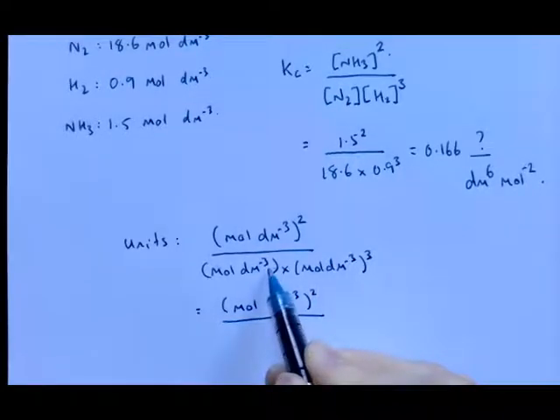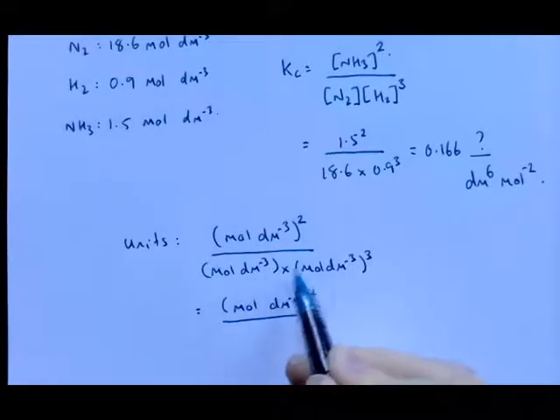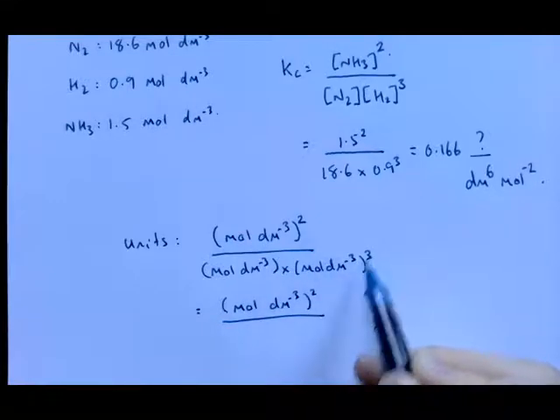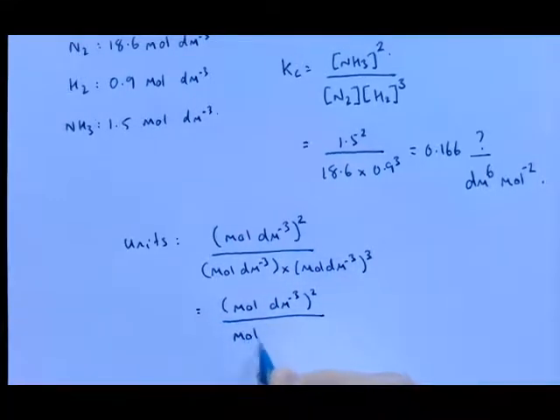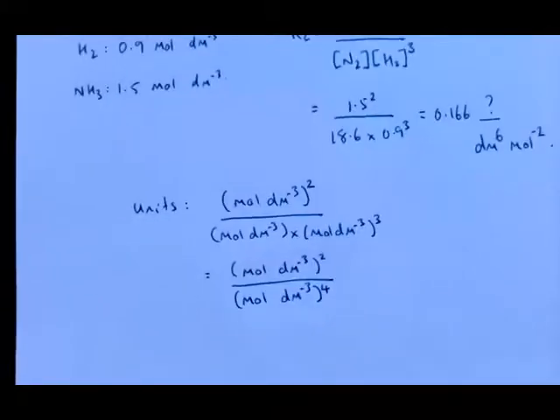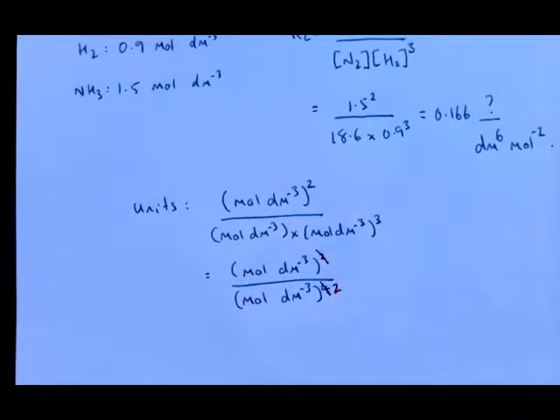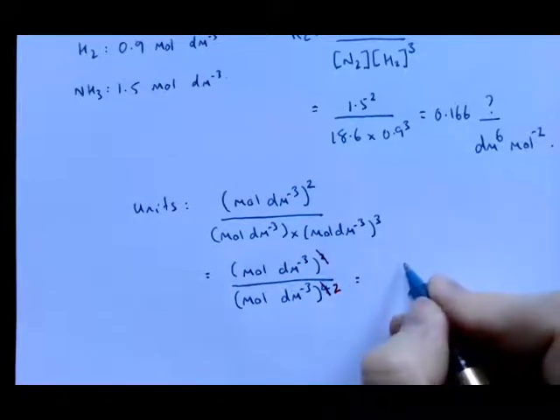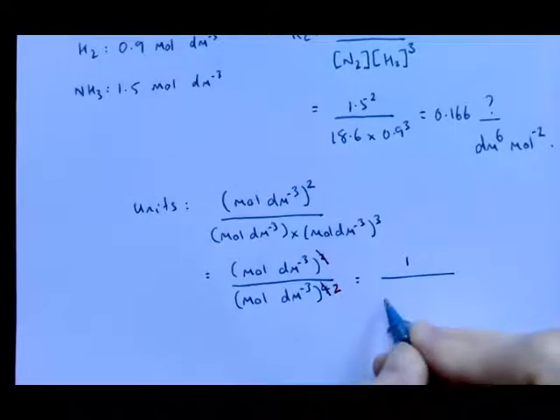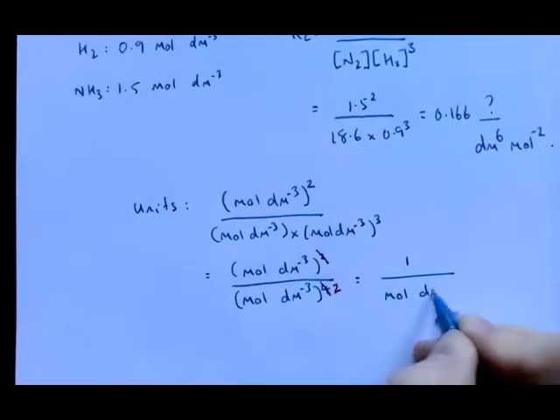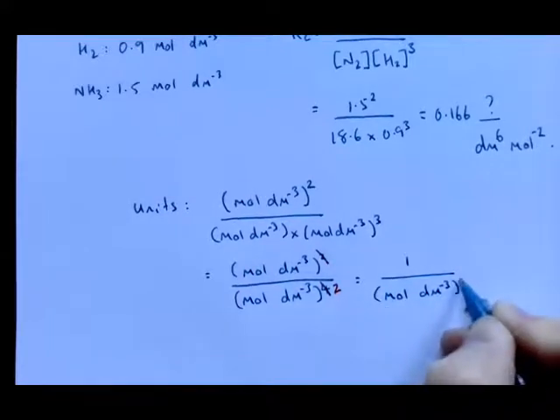And then here, we're multiplying this by this, so we add the powers. So we have moles per decimeter cubed to the power of 4. Okay, now we can cancel this, cancel that down, so that's a 2, which gives us 1 divided by moles per decimeter cubed squared.